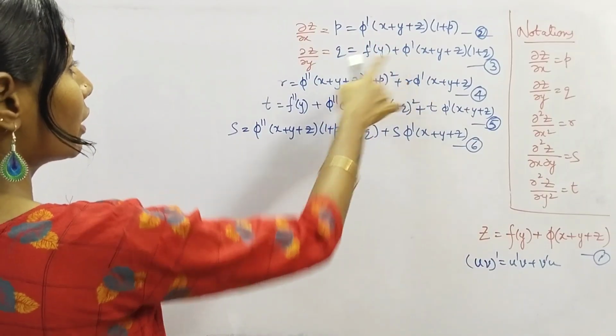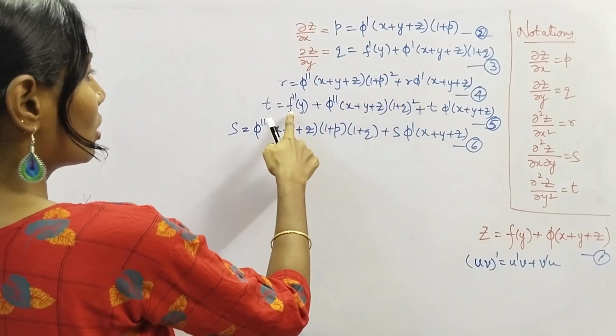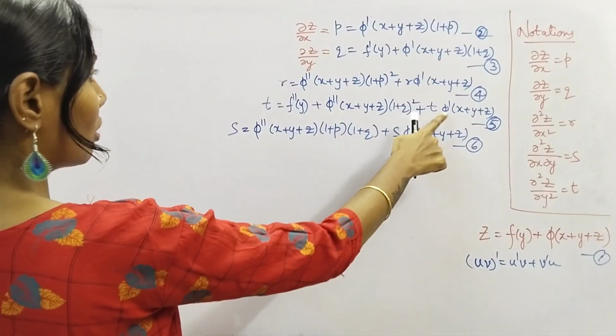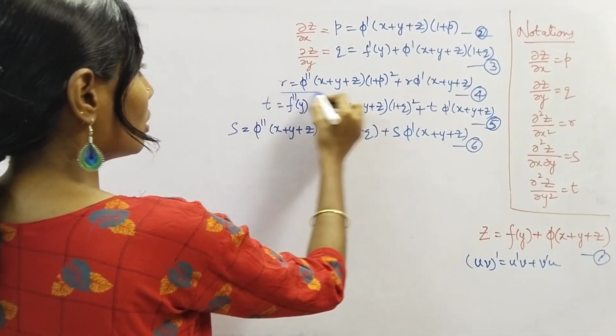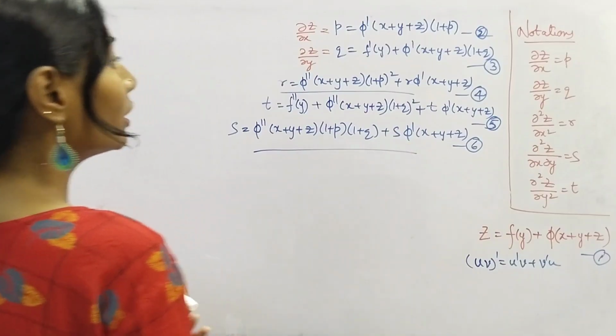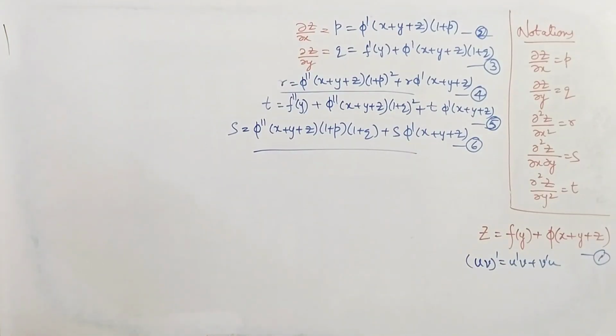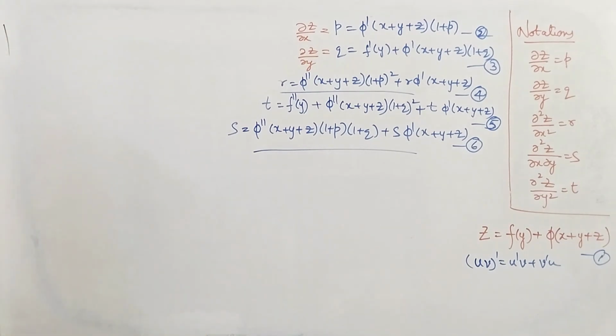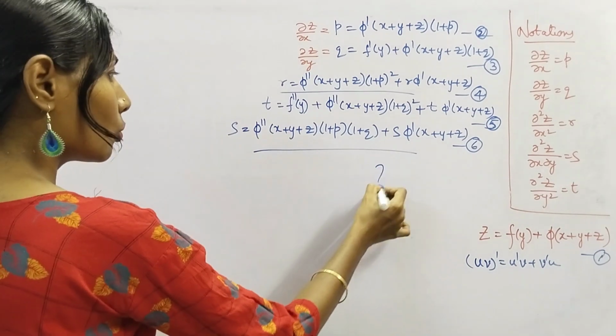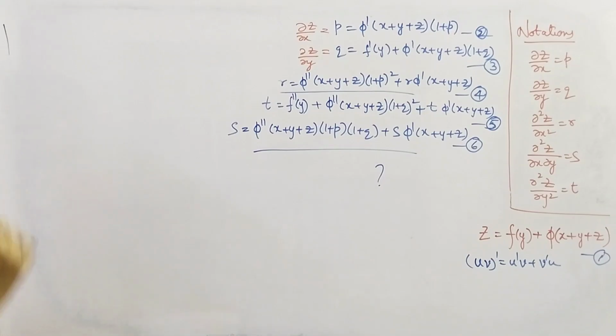Here you're having f dash phi dash, phi double dash phi dash, f double dash phi double dash phi dash. So in these two equations you have phi double dash and phi dash. Can we eliminate phi double dash and phi dash from these two equations and form a partial differential equation? We have to think about it.